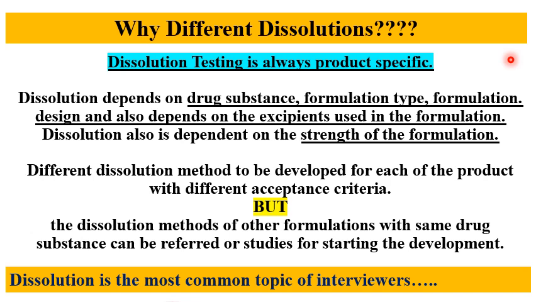That's why the lower strengths are required to be tested, sometimes with a different specification and sometimes with the same specification. A different dissolution method is to be developed for each product with different acceptance criteria. That's why the requirement of different acceptance criteria is there.